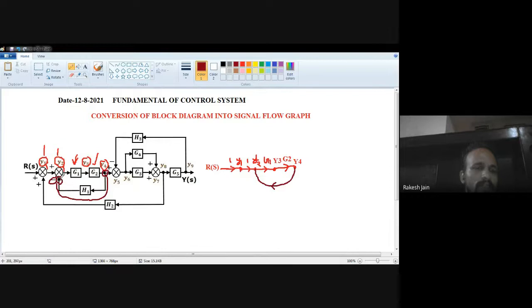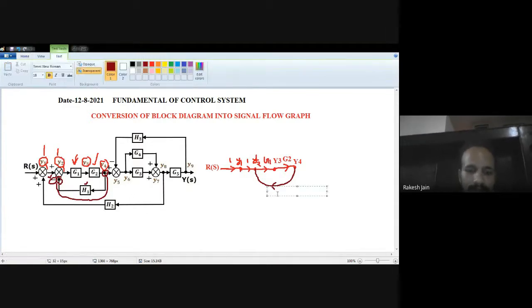The arrow direction is into y2, that's why it goes into y2. But what is the gain? The gain is h1 with negative sign going into y2, that's why it is minus h1. So in the signal flow graph we write down minus h1.